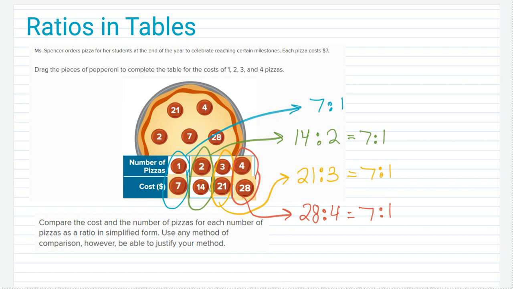So all of these have the same simplified ratio, and what we would actually find is this each pizza costs $7 piece, this is actually our k value. We're going to look at more examples where we calculate it out, but that unit rate, how much per 1, is our constant of proportionality.